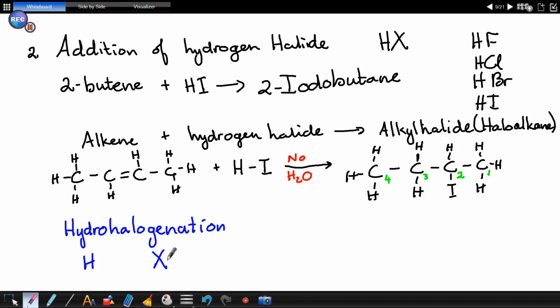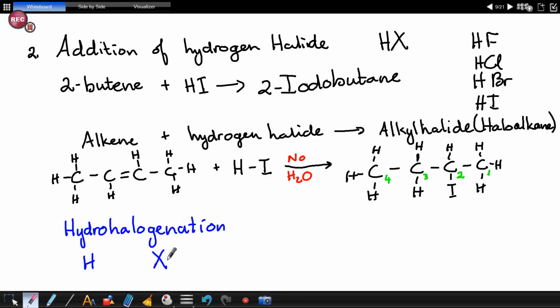So in the previous one we only had hydrogen atoms adding to the molecule, so it is hydrogenation. In this one we're adding a hydrogen as well as a halogen, so it's hydrohalogenation. There is a pattern in here, but it takes some time to get to know it.